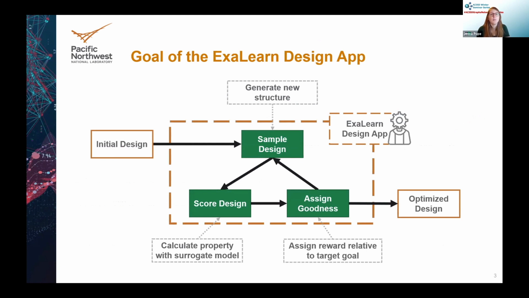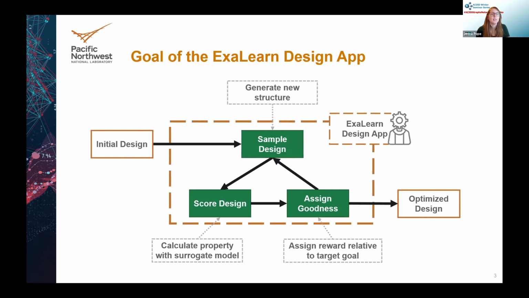We start with some initial system that we think we can improve upon. And somehow, I'll get into that, we generate a new structure. Then we score the new structure by calculating the property of interest that we are designing towards. We then assess that score and assign some sort of goodness value to say how well our design is.